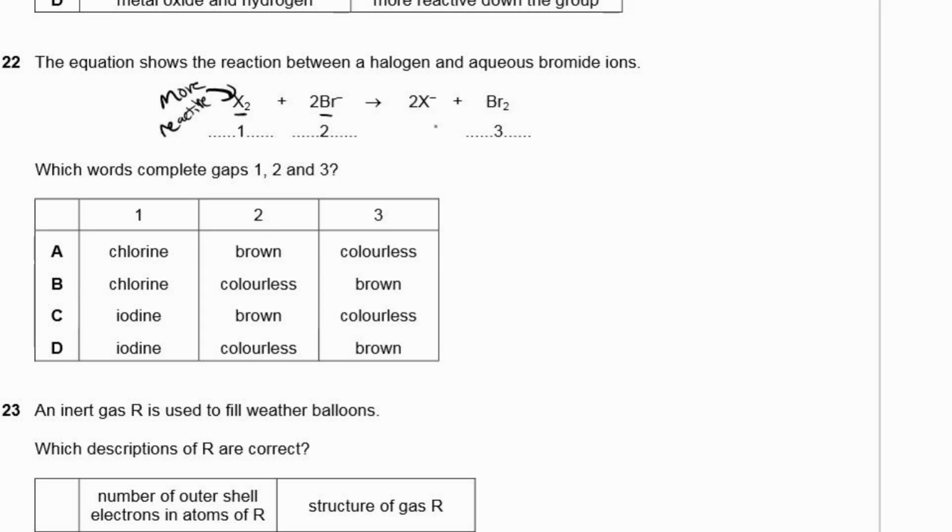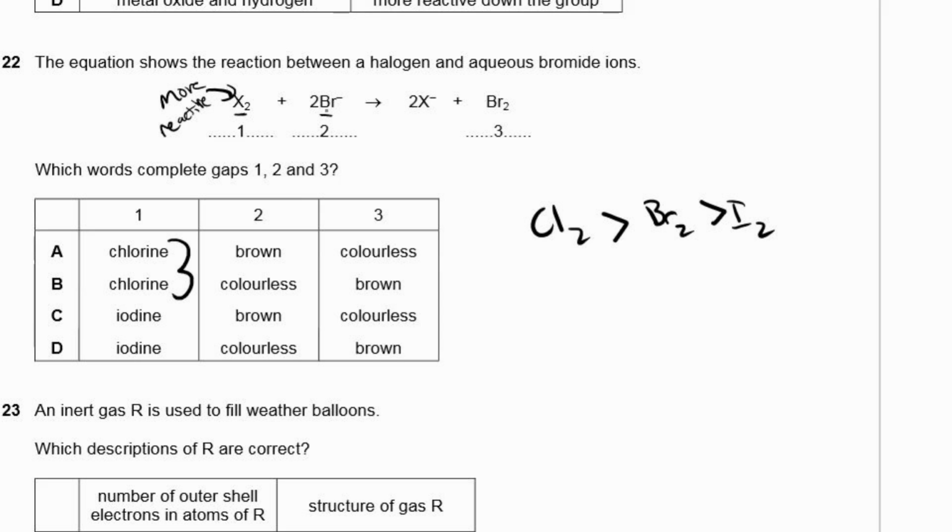If we look at the halogens, we have chlorine, Cl2, bromine, Br2, and iodine, I2. Chlorine is more reactive than bromine, which is more reactive than iodine. That means X has to be chlorine. It's not iodine, because iodine is less reactive. It's not going to be able to kick the bromine out of the way to go with whatever partner the bromine is with. So chlorine is in the first spot.